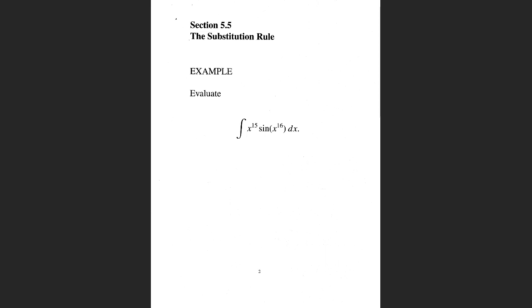Okay, so let's see here. Now this one, this integral, what makes this integral here complicated? We always have to think about that because we got to decide what our u substitution is going to be. What makes this complicated?